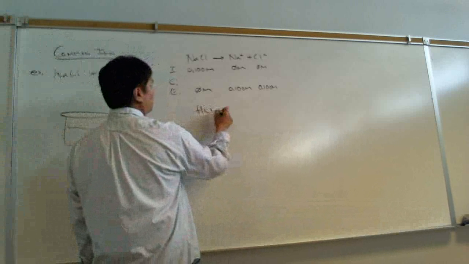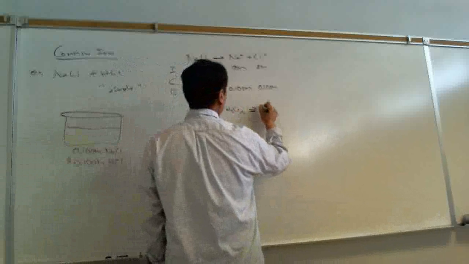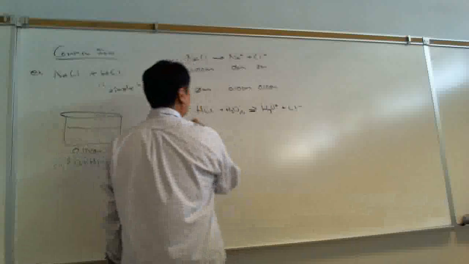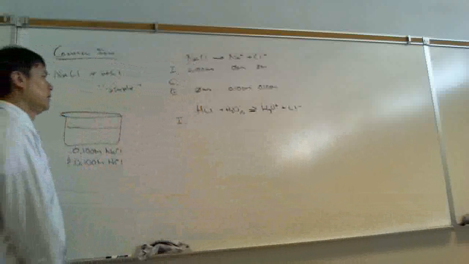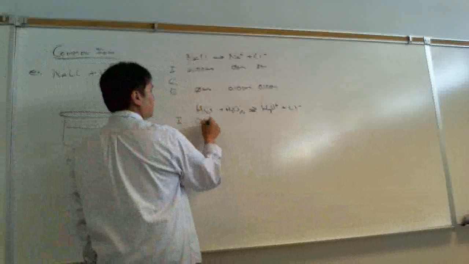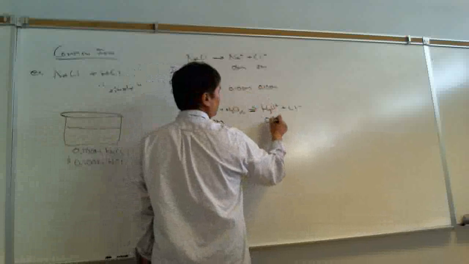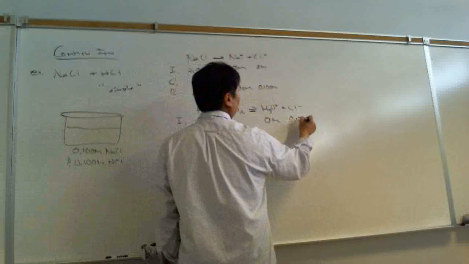Well, HCl will hydrolyze water to form hydronium and chloride. So here's where the common ion comes in, and that is, for HCl we're starting off with 0.100 molar, but the hydronium is going to be 0 molar. Chloride will be 0.100 molar here.